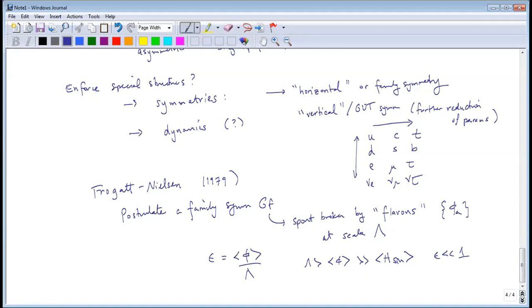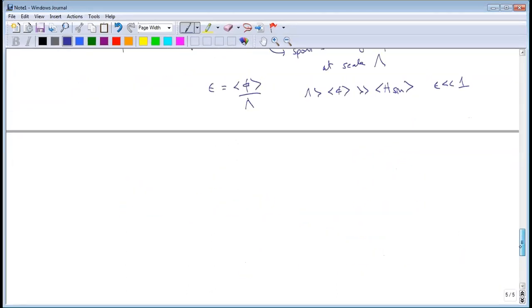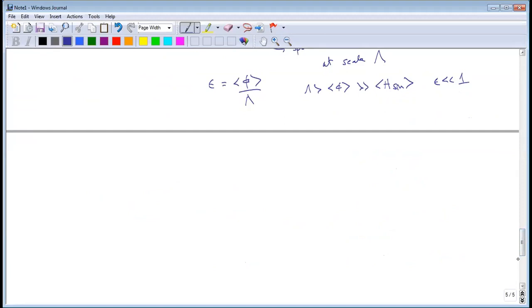So how do we generate such things? Well, what Froggatt and Nielsen did is the following. They introduced new fields, let's call them Froggatt-Nielsen fields, that couple in renormalizable ways to the standard model and to the flavons.